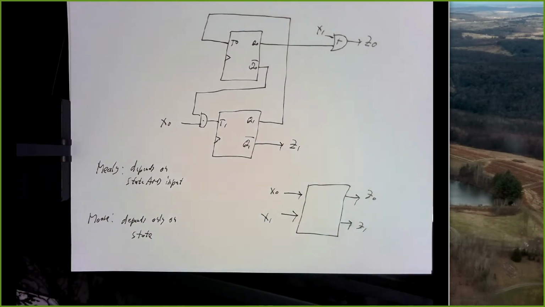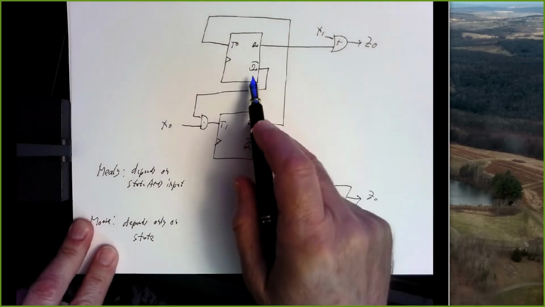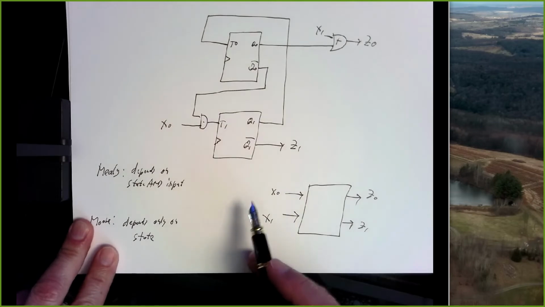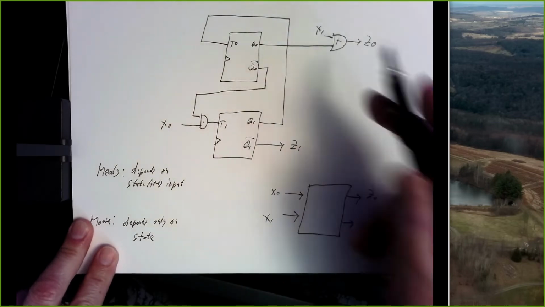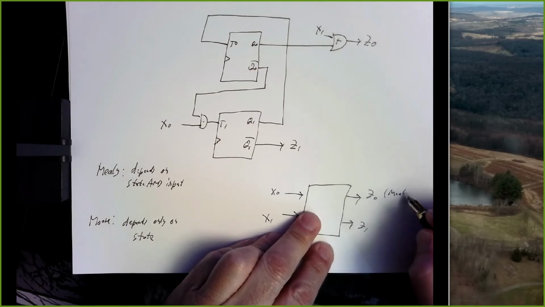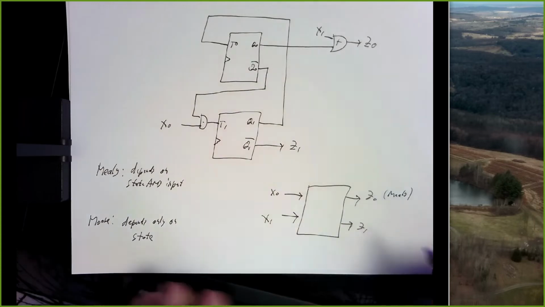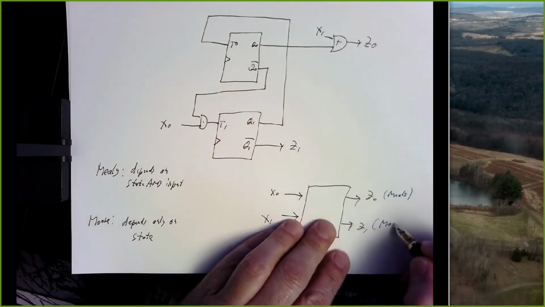Z0 depends on the state. The state is Q0, Q0 bar, Q1, Q1 bar. Z0 depends on the state and an input, so Z0 is Mealy. Z1 depends only on Q1 bar, that's the state, so this is Moore.